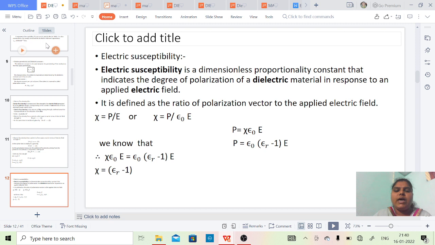It is defined as the ratio of the polarization vector to the applied electric field. So susceptibility chi equals P by E, or chi equals P by epsilon naught into E, where epsilon naught is the permittivity of free space. So P equals chi epsilon naught E.